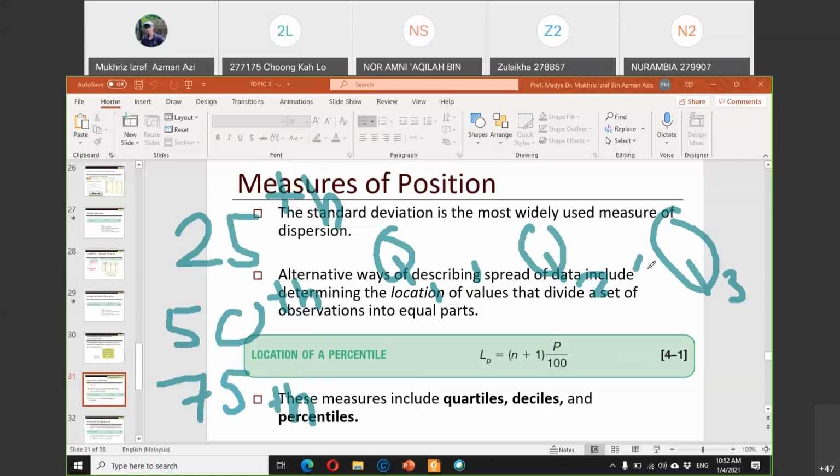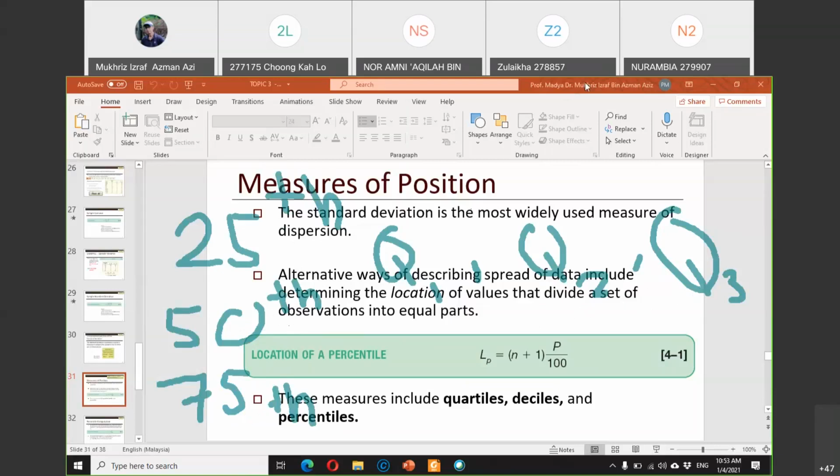Of course, you can also calculate different percentages. The 25th percent is Q1, the 50th percent is Q2, which is similar to median because median is also the data in the middle, and the third quantile, Q3, is the 75th percent value.